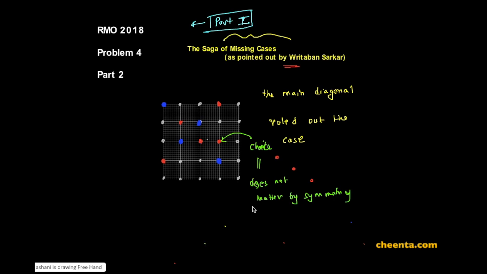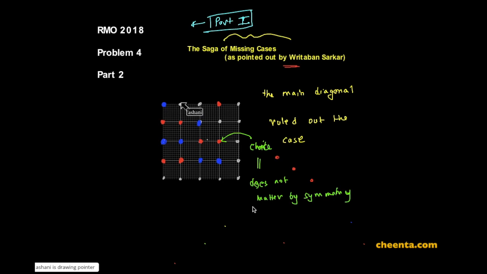So this one is then blue. If these two are blue, then clearly this one is red. And if these two are red, this one is blue. So you see, this entire 4x4 thing gets fixed by that single choice.